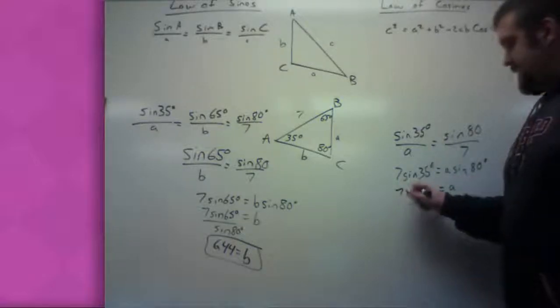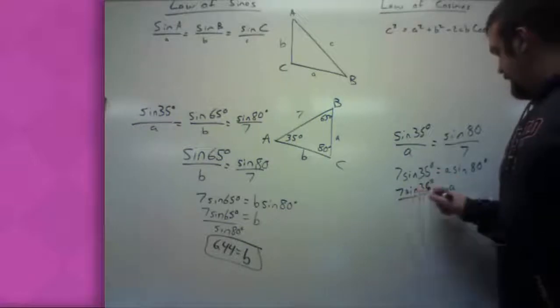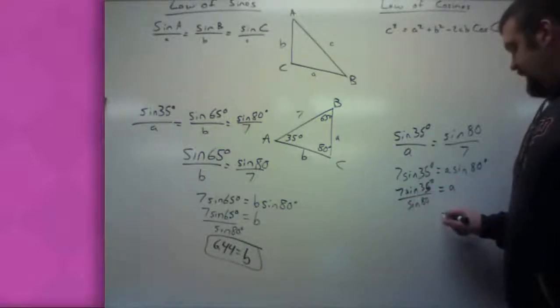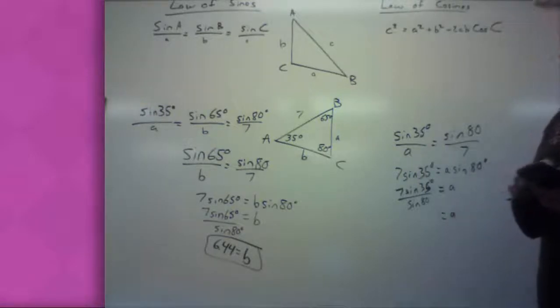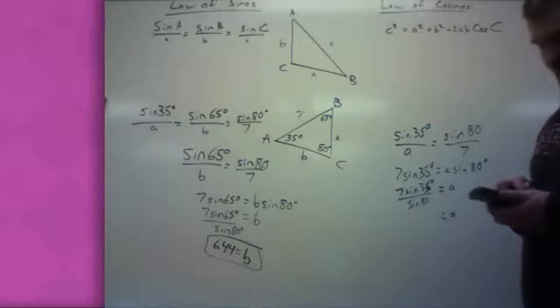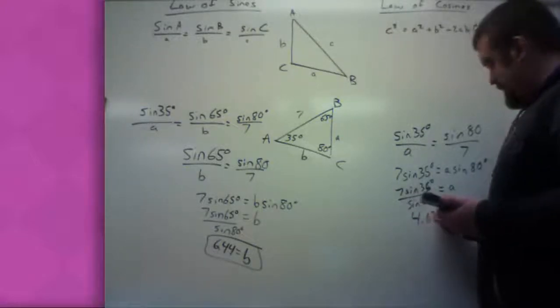So 7 sine of 35 degrees divided by sine of 80, and that should equal a. So a is, well, I plug it into the calculator again, and I get 4.077.